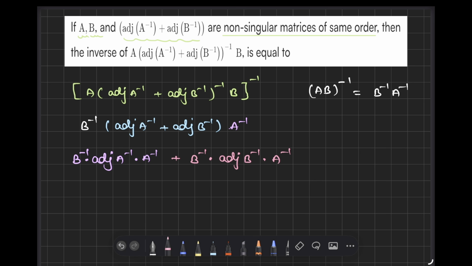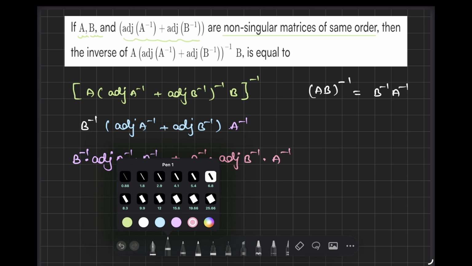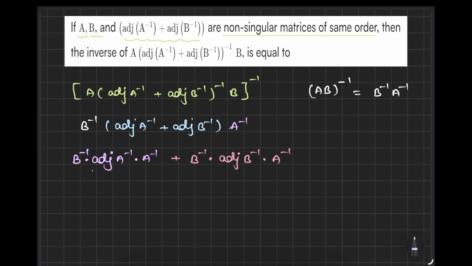Now look at how we manipulate this question. I feel this property is known to you. Do you remember A times adjoint of A, or adjoint of A times A, is nothing but determinant of A times I n? At the end you should get a matrix, that's why I n, the identity matrix.